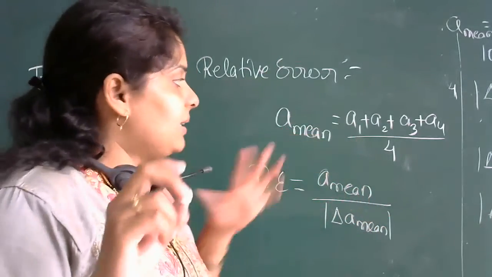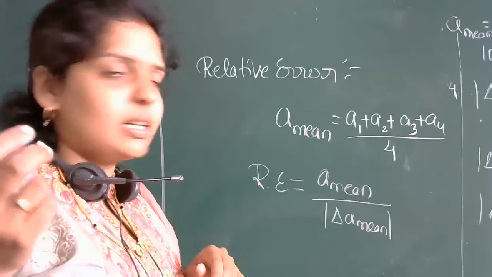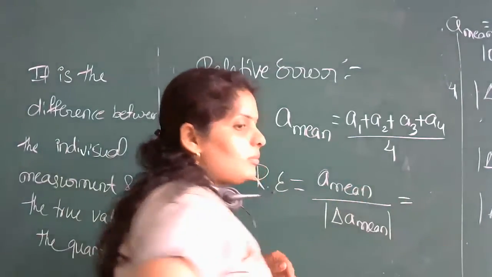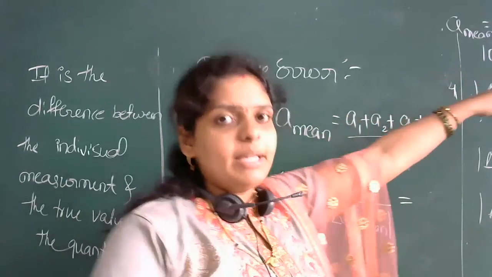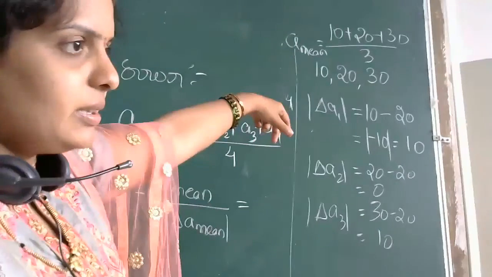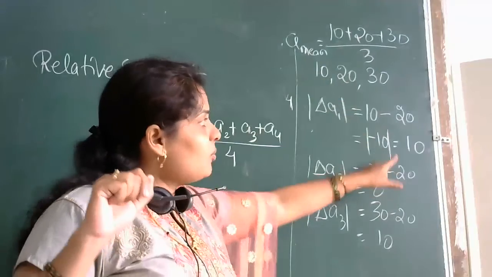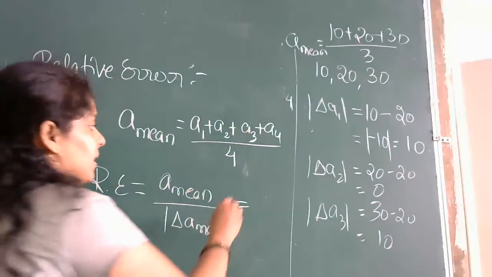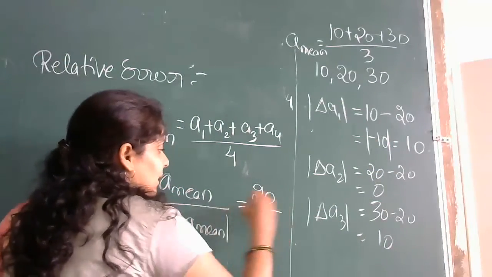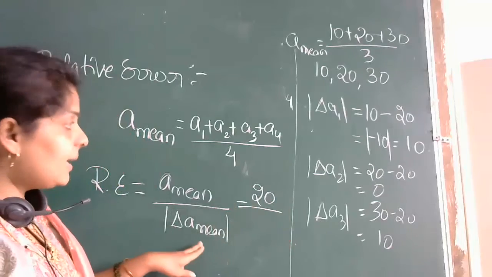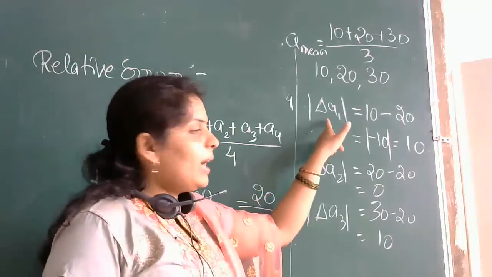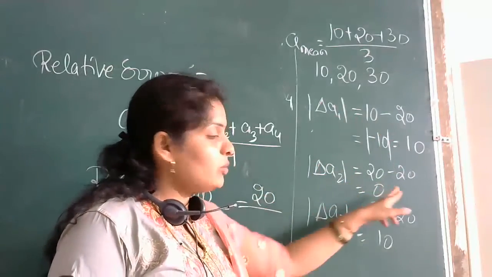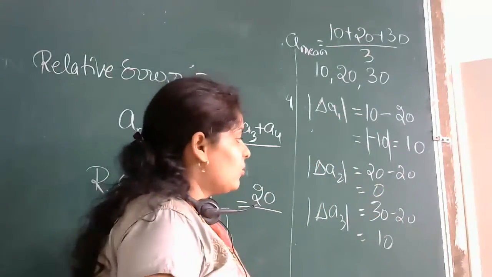There is an example here; we'll continue with that. What is the A mean value? Just now you calculated it in the given sum. A mean is 20, right? It is 20 divided by delta A mean. Can anybody tell me what delta A mean is? You have A1 equal to 10, A2 equal to 0, A3 equal to 10.